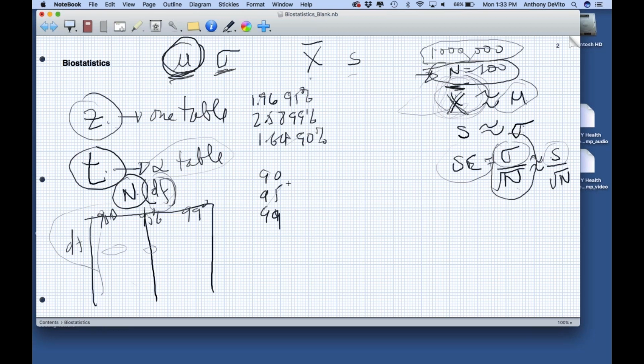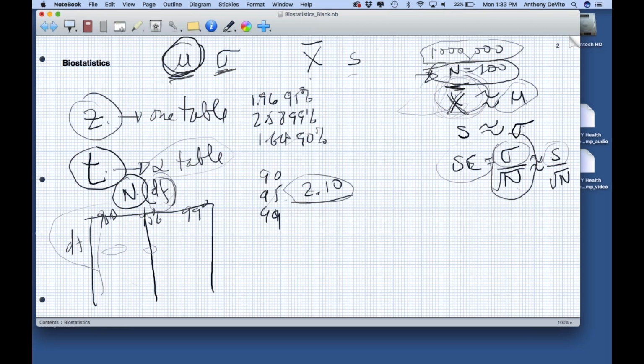Okay, so for instance, for 20 degrees of freedom, the 95% confidence value might be something like, now I'm going to ask you to guess here, is it going to be a bigger number or a smaller number than 1.96? It's going to be a bigger number, right? Maybe it's 2.1. Why is it going to be a bigger number?